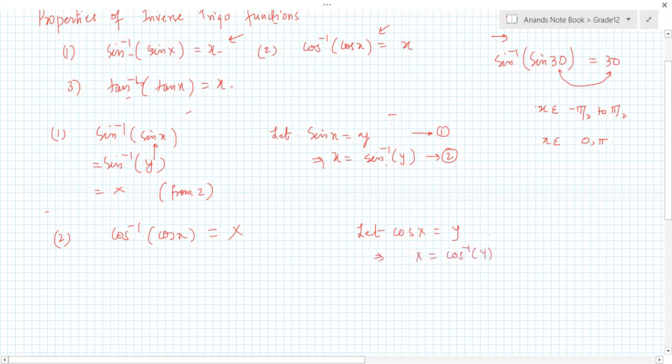Side by side, we make a note and keep. Then cos x is equal to y, we put it here. So we are getting cos inverse of y. But what is cos inverse of y? Cos inverse of y is nothing but x. So we went from the left hand side and we got the right hand side.